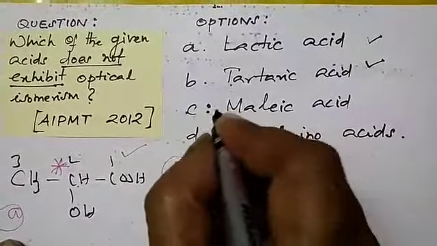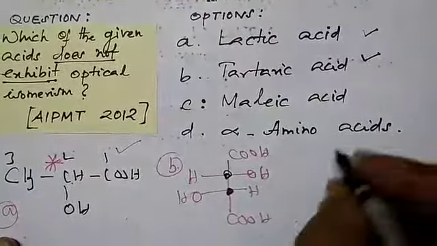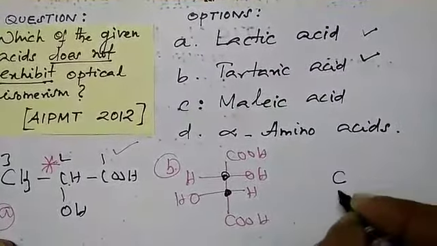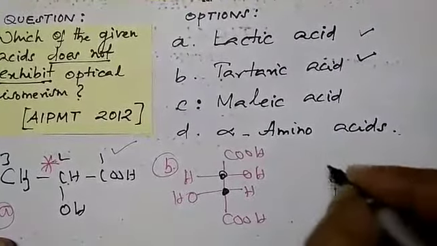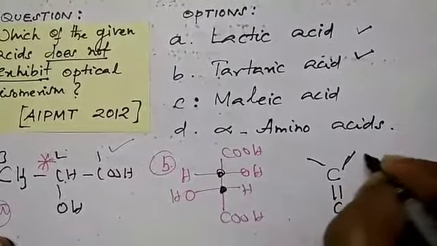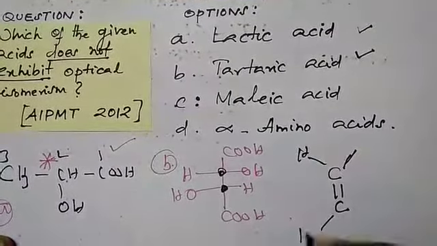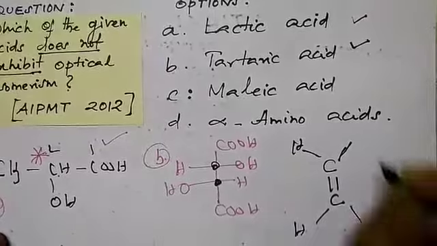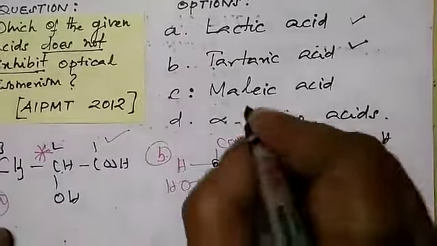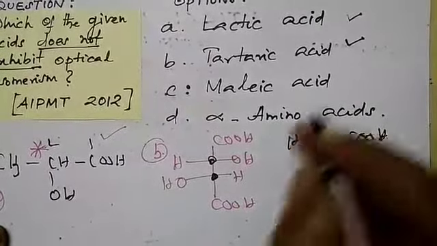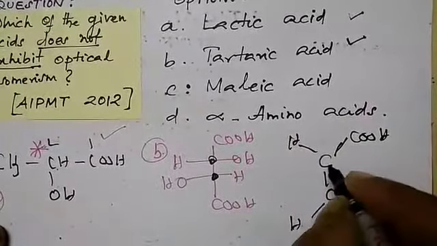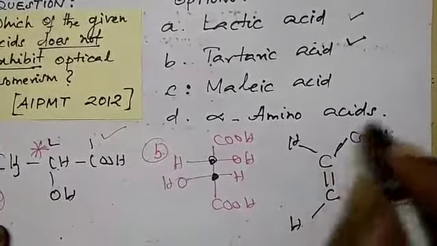Next one is maleic acid. Maleic acid is a carbon double bond carbon with the cis isomer: hydrogen here, hydrogen here, and COOH and COOH. You can see that no carbon is asymmetric.